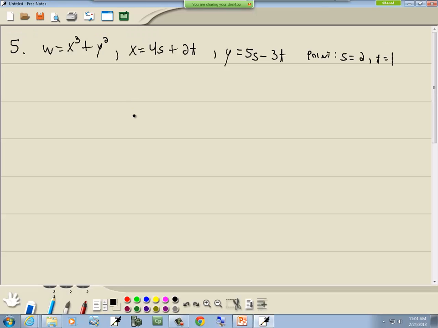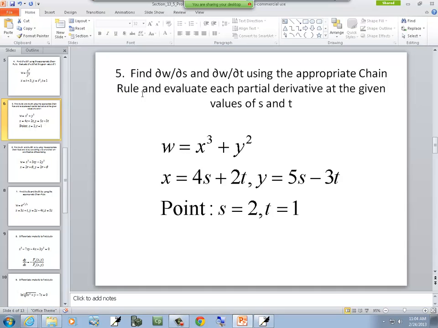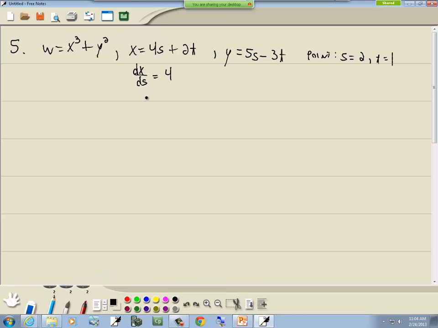Well, I know I'm going to need, for the x here, the derivative of x with respect to s, which will be 4. Remember, the 2t will be a constant. And then the derivative of x with respect to t, and that's going to equal 2.